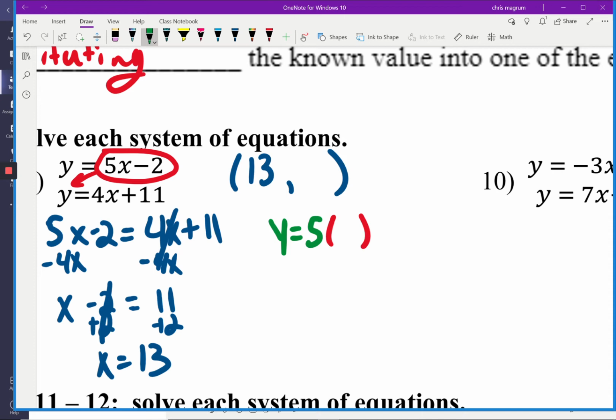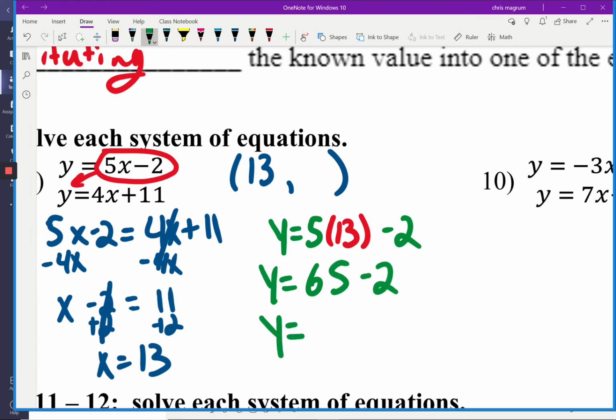So instead of writing the x, we're going to substitute the value that we just solved for x, which is 13. So I have y equals 5 times 13, 65, minus 2. Simplifying, 65 minus 2 is 63. So our solution is the ordered pair, 13, 63.